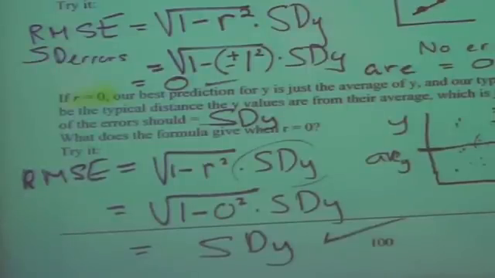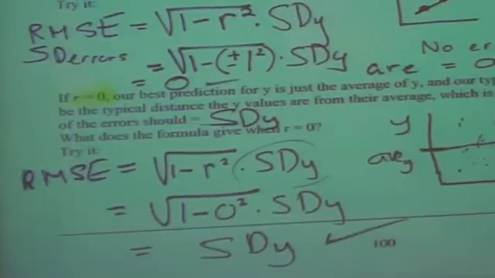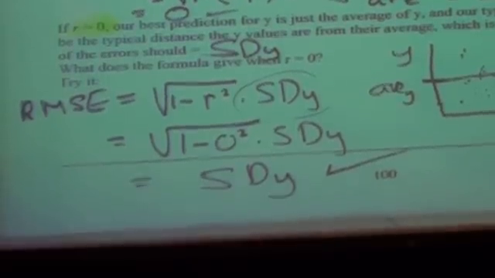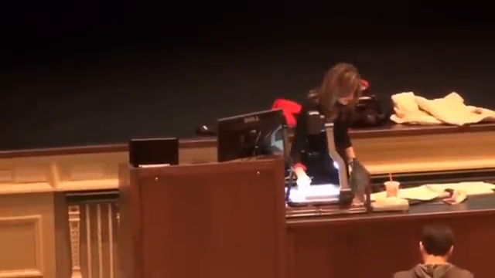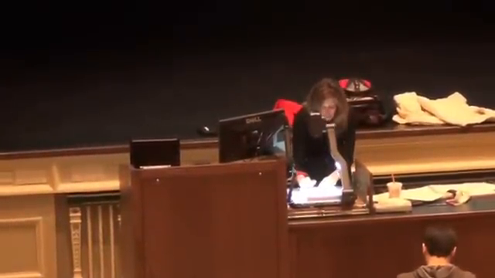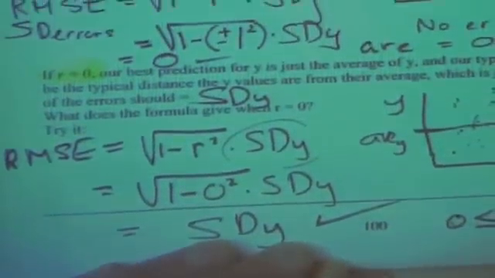So what this is telling us is that the very smallest error we could have is 0, and the very biggest we could have is the standard deviation of y. So 0 is the very smallest the root mean square of the errors can be.